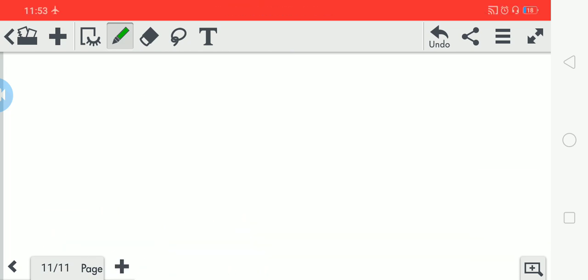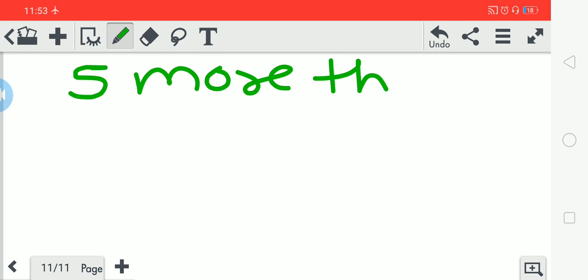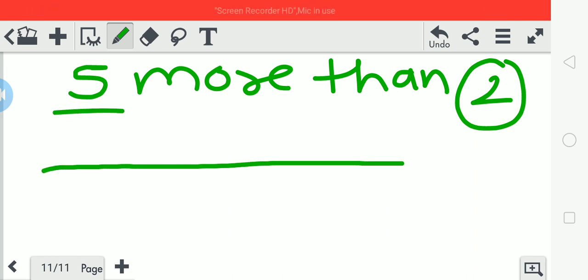Yes. So your first question was 5 more than 2, right? In this question you have to use the second number first. Your second number is 2. Here you can see 5 is also positive, 2 is also positive, right?